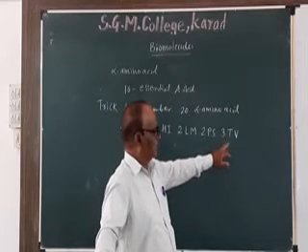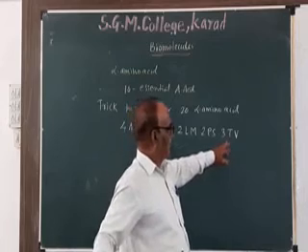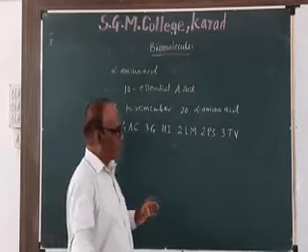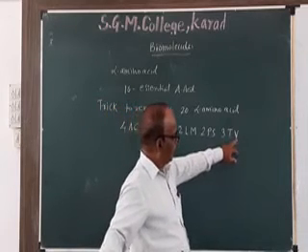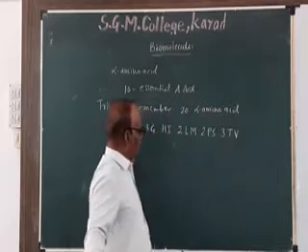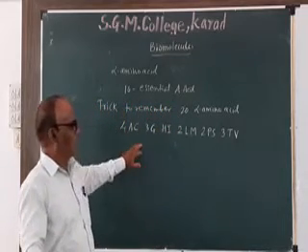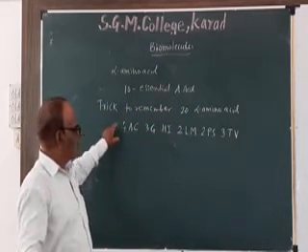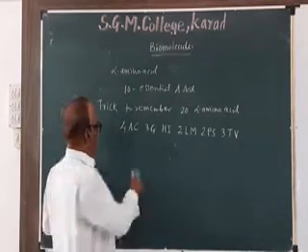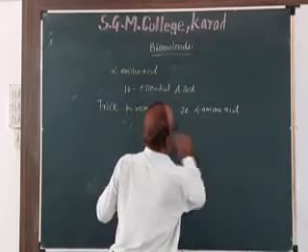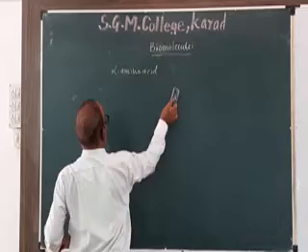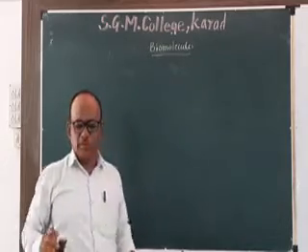Then 3T and V. 3T means there are 3 alpha amino acids starting with letter T, and one starting with letter V, that is valine. So there are a total of 20 alpha amino acids. By this trick you remember all these 20 alpha amino acids. So this is the point you have to remember in alpha amino acids.